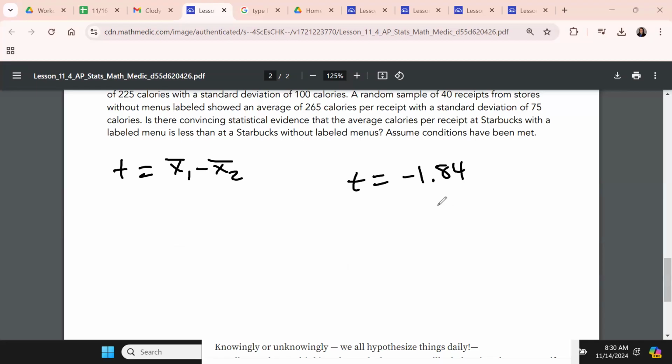Right, the t is -1.84. The p-value is 0.038. Okay, we're going to assume that the null is true.